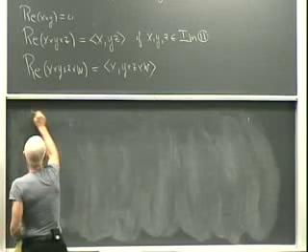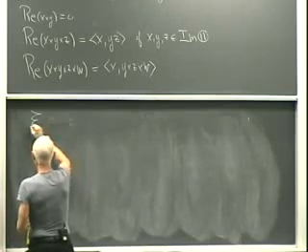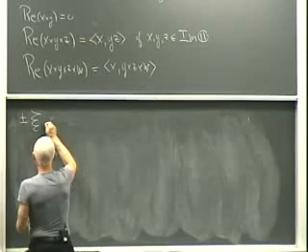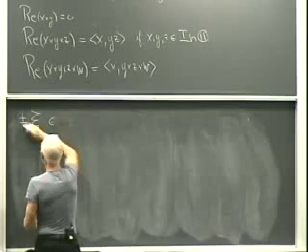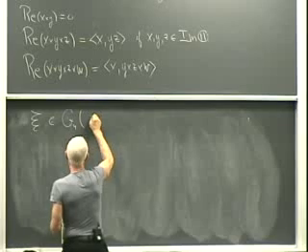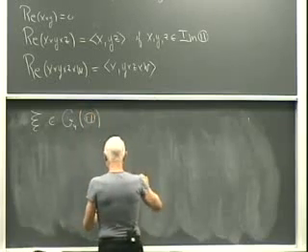So suppose I have a unit oriented plane, but I'm going to forget about the orientation for the moment. This is an element in G4 of the octonions, so it's an oriented 4-plane.